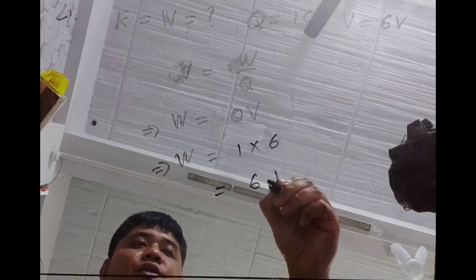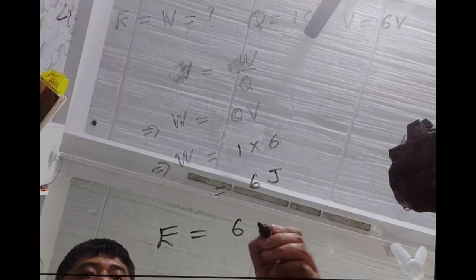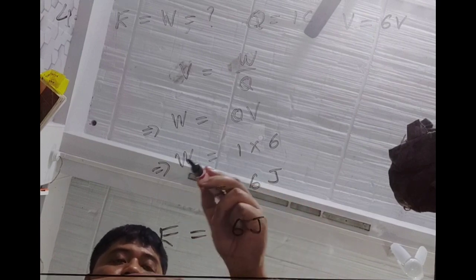Then we get 6 joule. So the amount of energy is also 6 joule, because energy and work done are equal.